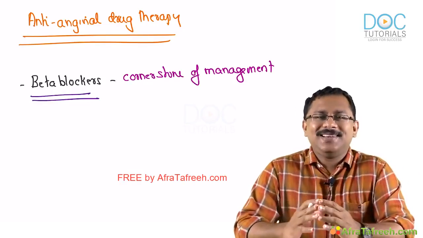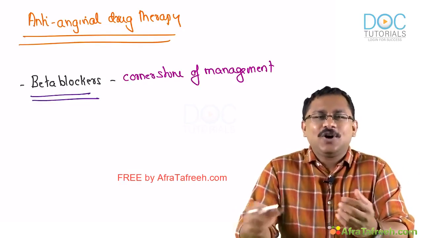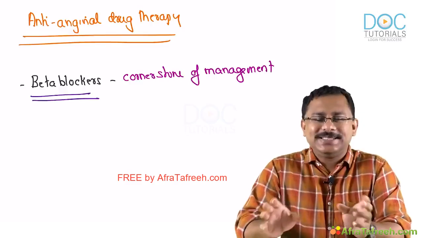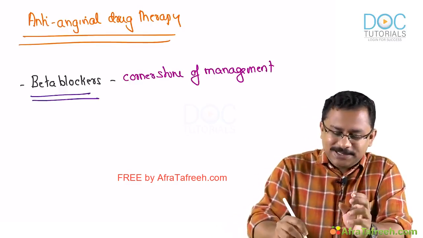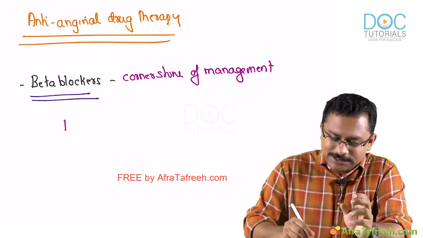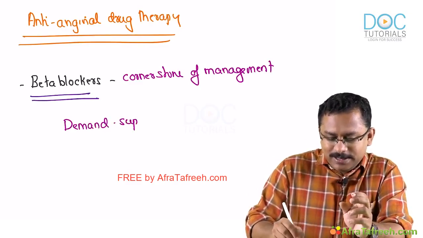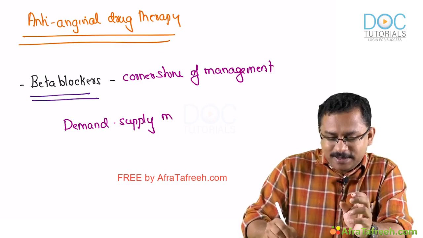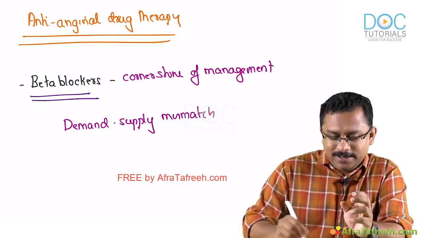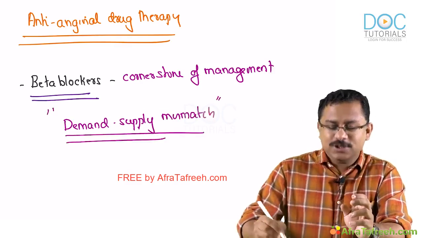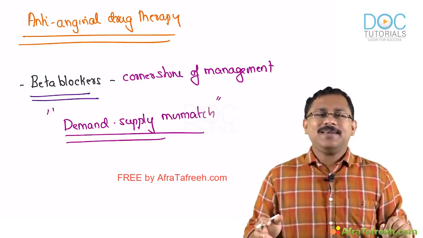It's very simple. You already know that in chronic stable angina, the issue is a demand supply mismatch, correct? That is, there is excess of demand compared to the actual supply possible.